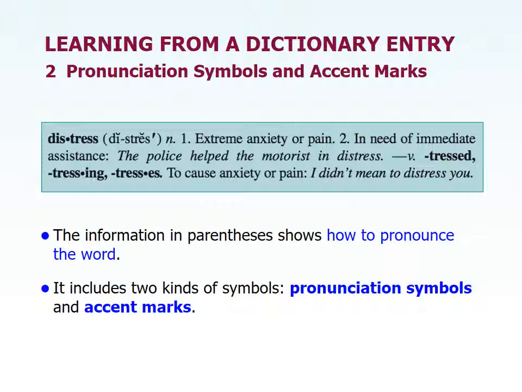So for example, we're looking at the pronunciation syllables inside the parentheses. After the distress that we just looked at in the dark black, we'll see that we have distress written again, but we have funny vowels that we don't have in written English.